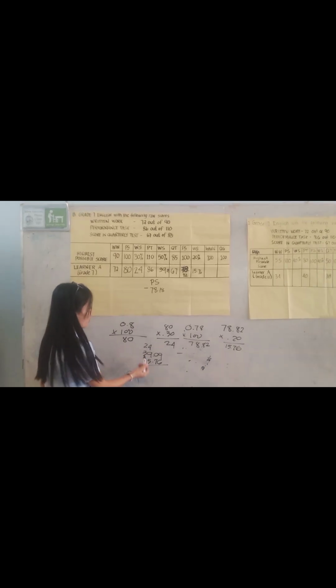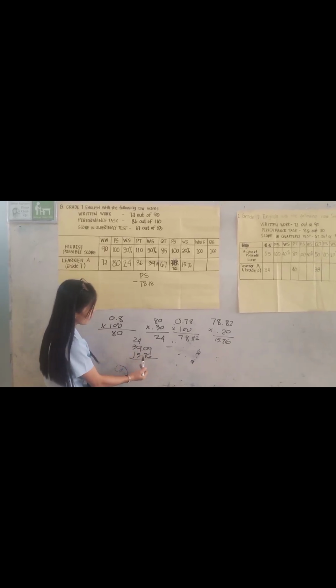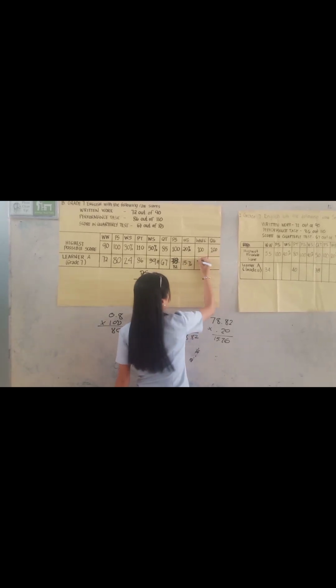We're going to add all the weighted scores. The total weighted score is 78.85.